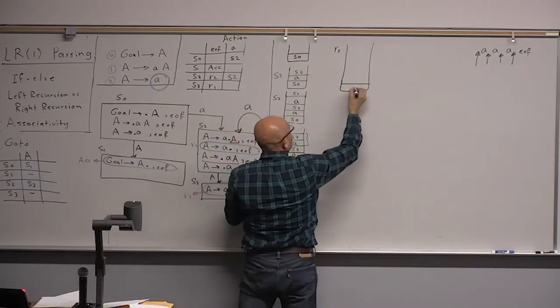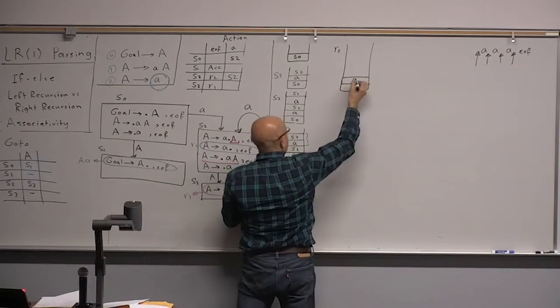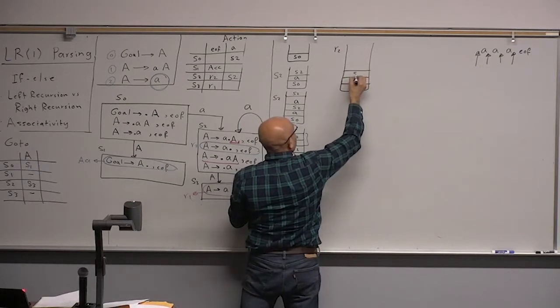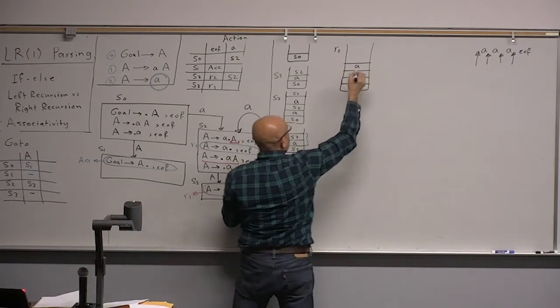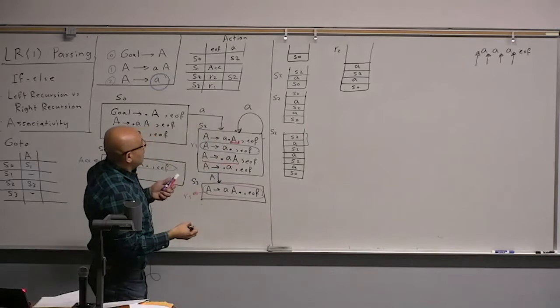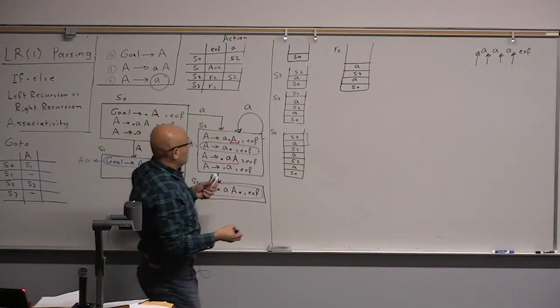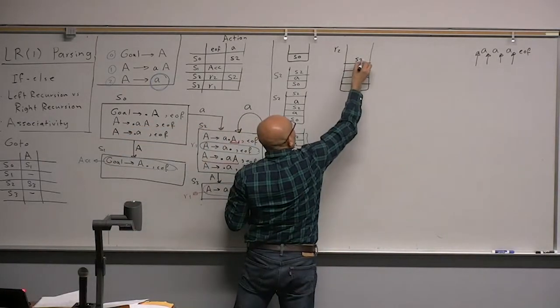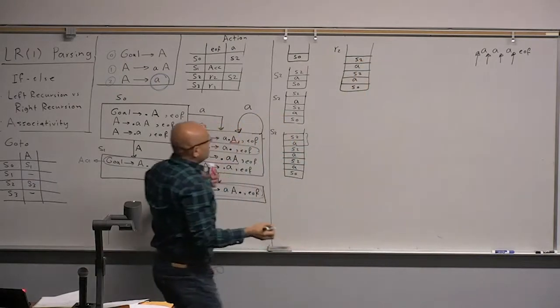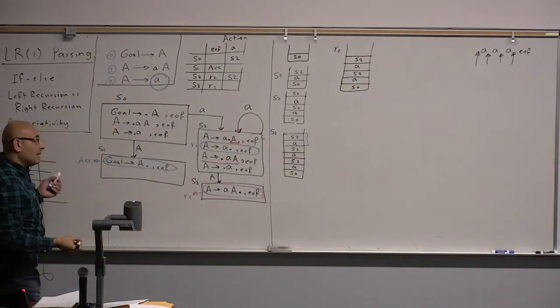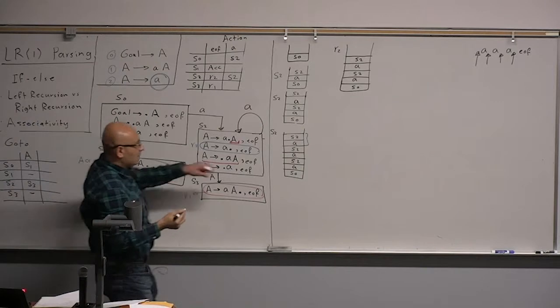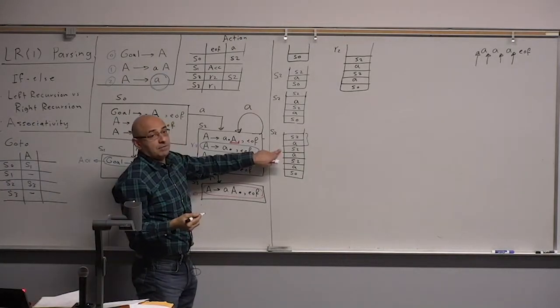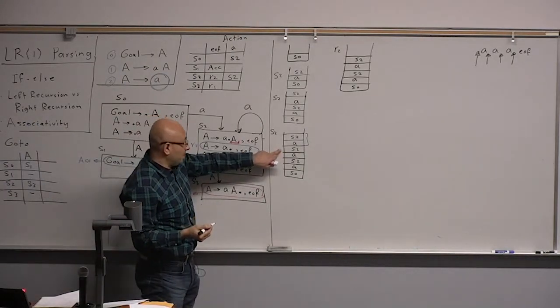So you get S0, A, S2, A, and S2. So now what's our base state for the goto? Our base state for the goto is whatever we have after we pop off. So after we pop off, our base state is S2.